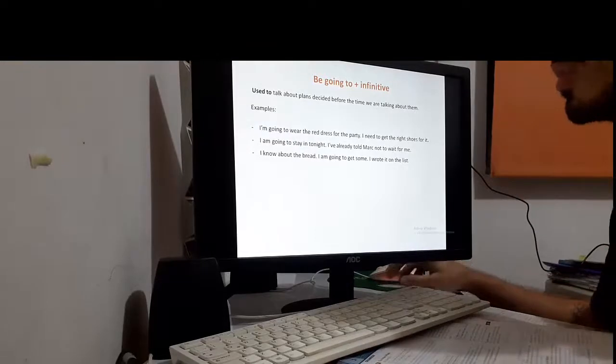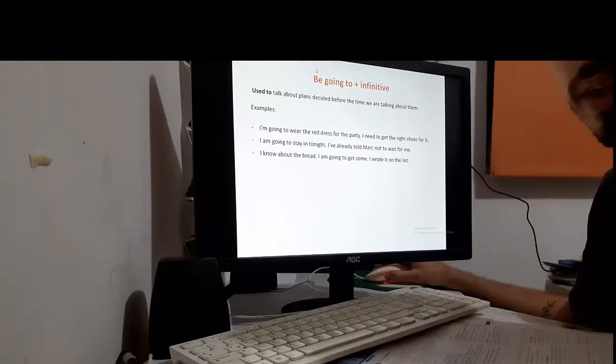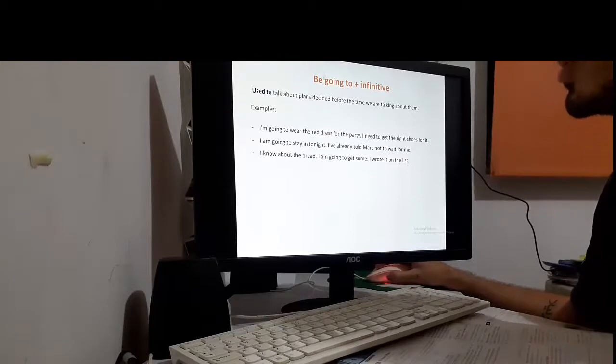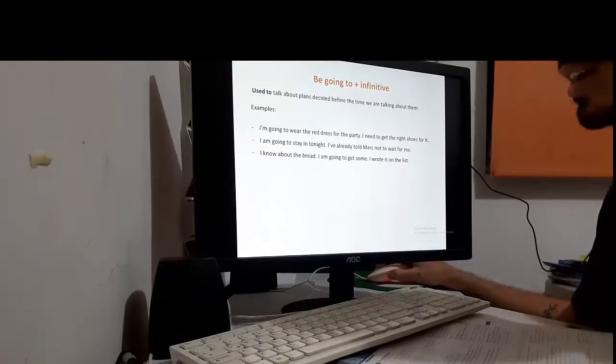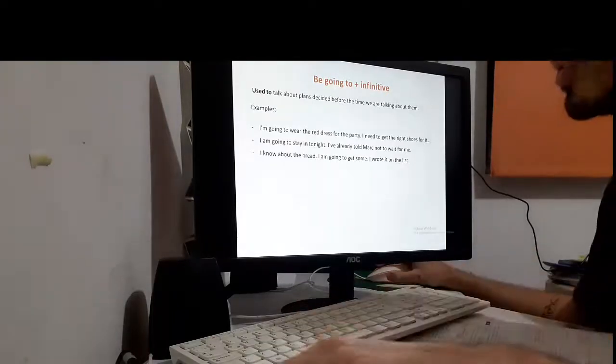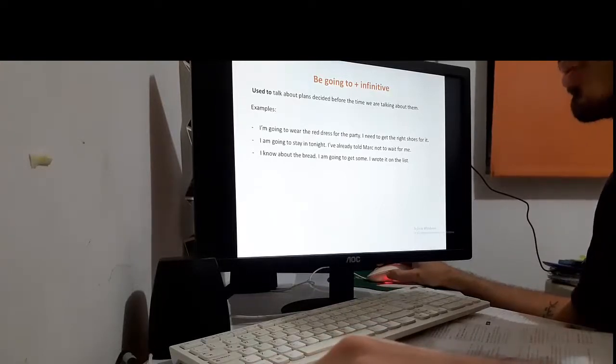Okay, now let's move on with the structure be going to plus infinitive. As you can see here, be going to is in present continuous, but we use present continuous in other situations different from this one.